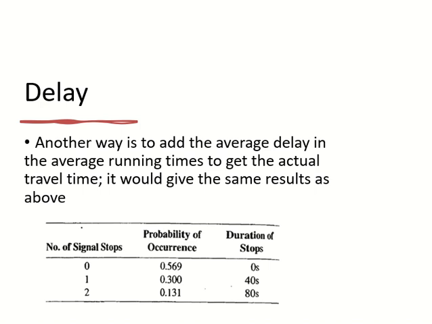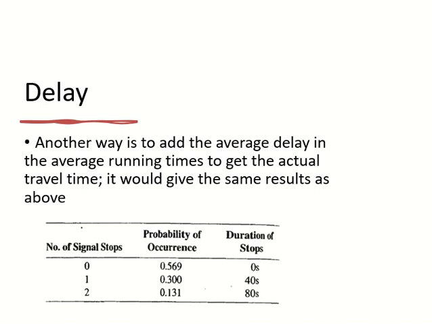Yes. Clear? Now I want average delay. What should I do? Summation upon total, right? Sum these values divided by 3? What? Times the probability. If you do summation upon the total, you are assuming that all of them have equal chance.